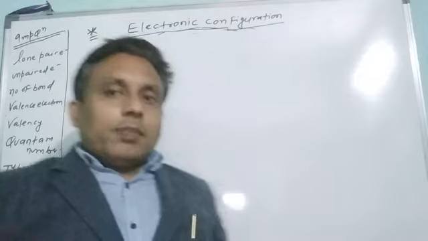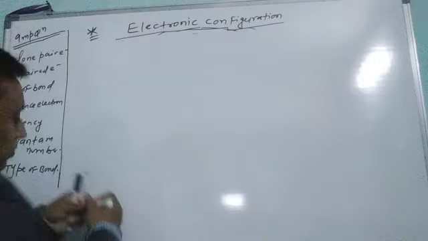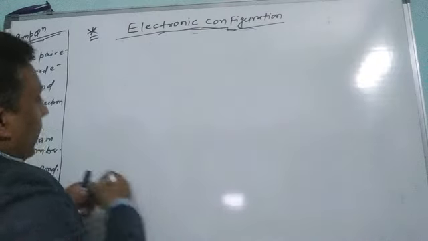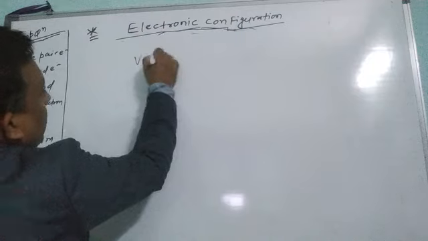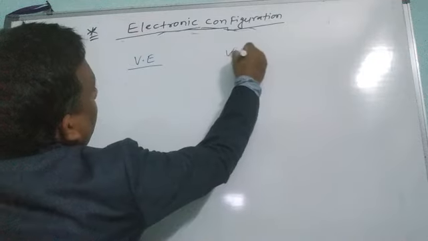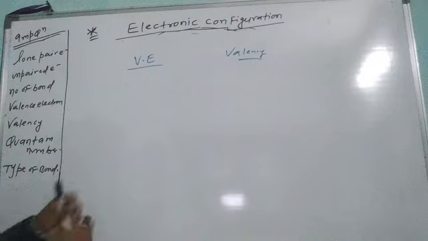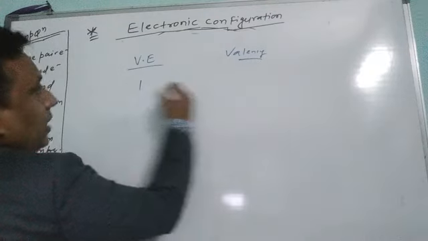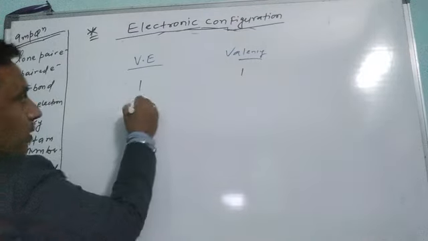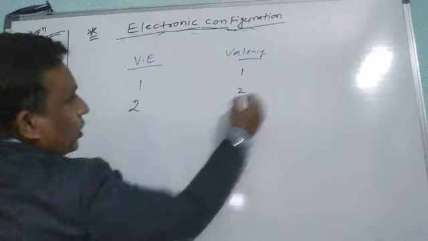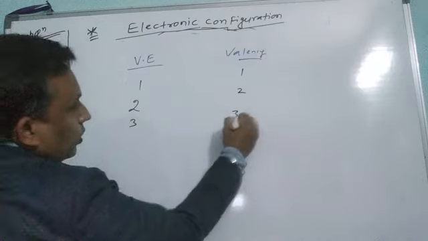Okay? Means if valence electron is 1, valency is 1. Valence electron 2, valency 2. 3, 3.